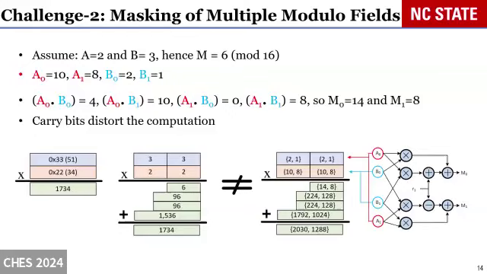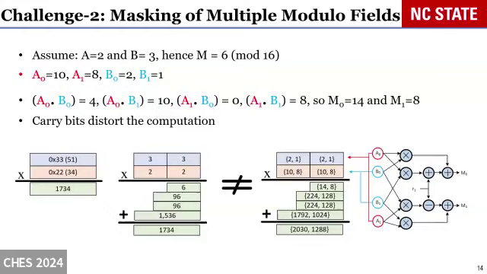So what happens here is that due to the carry bits that are generated in the partial products, and the carry bits must be accumulated later on, the output can be distorted. And what you do on the left is actually not equal to when you add the two masked outputs with the masking scheme.